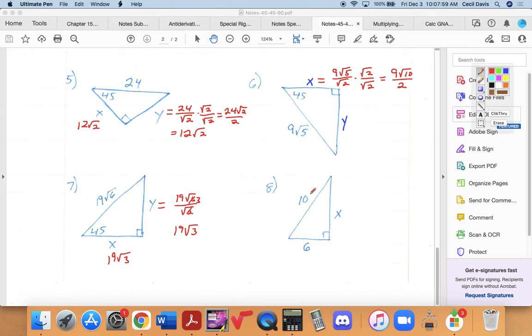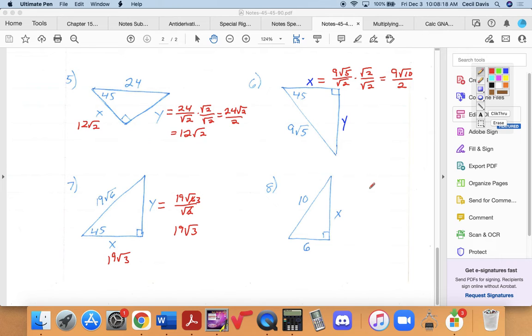Is it 6 square roots of 2? No, it's not a 45, 45, 90 triangle. So what in the world are we going to do? What's it called? Pythagorean Theorem. Yeah, we're going to do the Pythagorean Theorem.